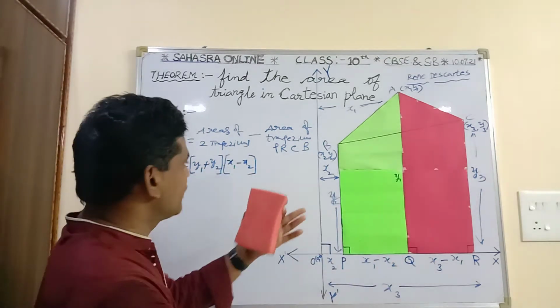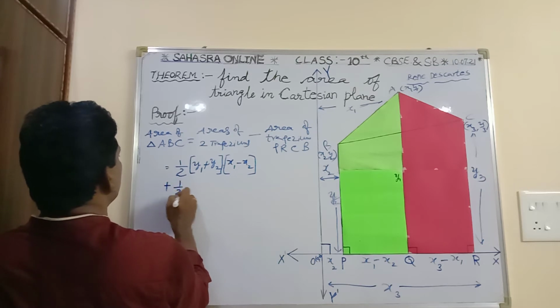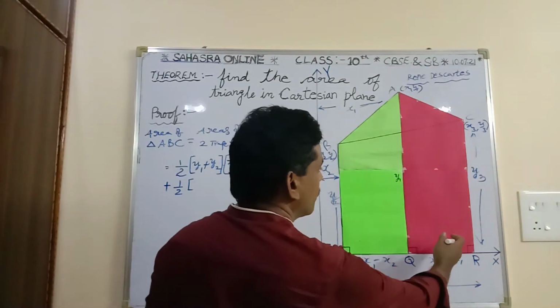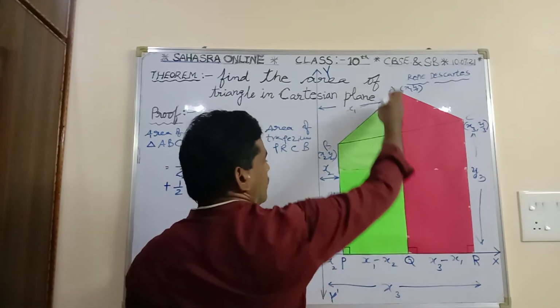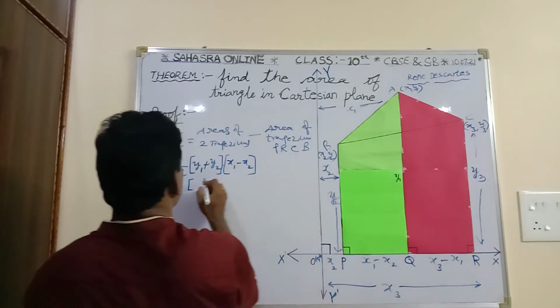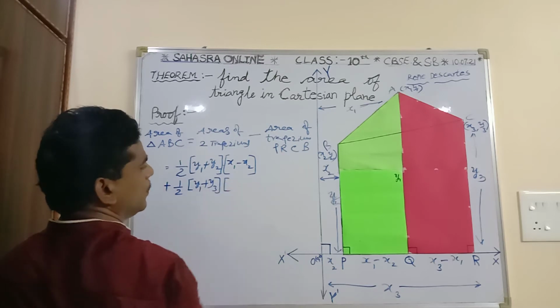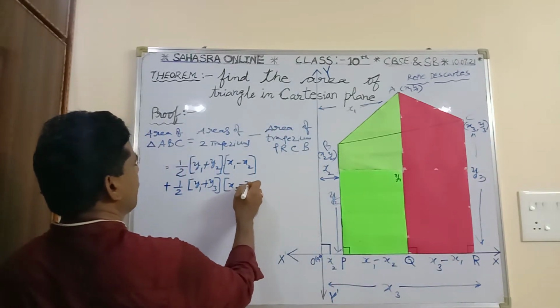And one more trapezium, plus half into, how much is this area of trapezium? This is one parallel side, this is other parallel side, so (y1 plus y3) into distance between them, x3 minus x1.